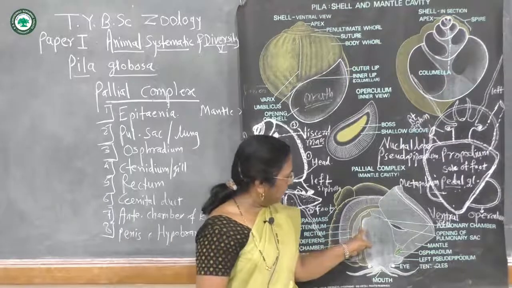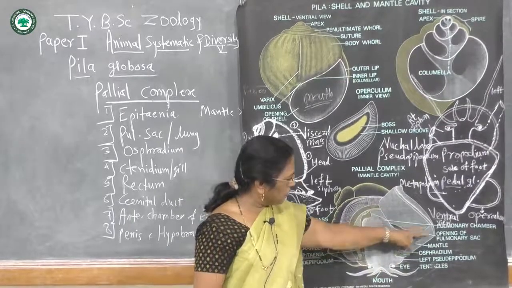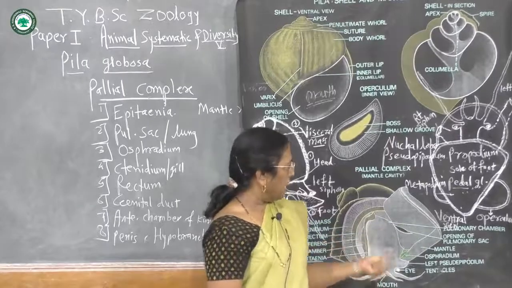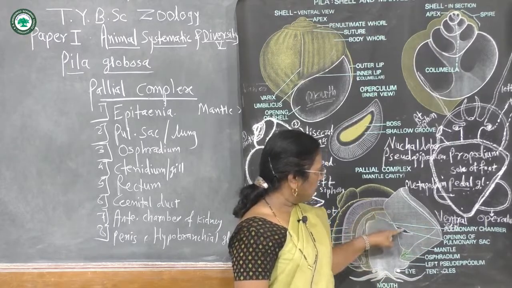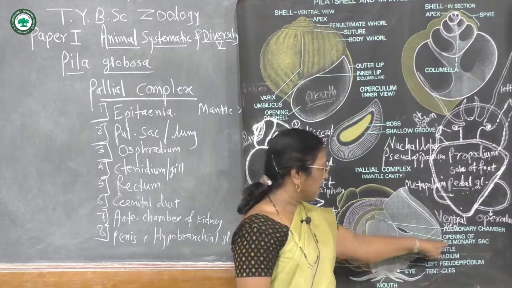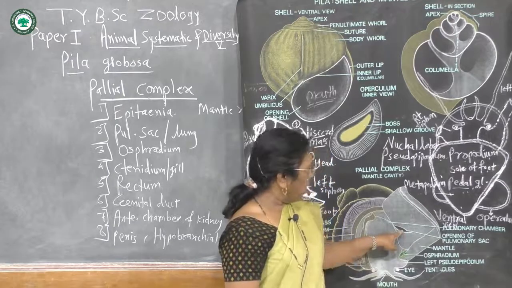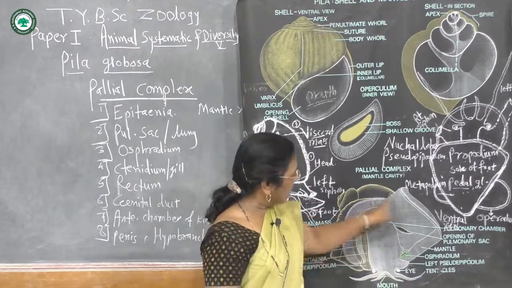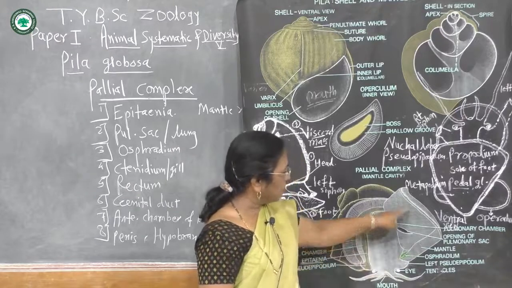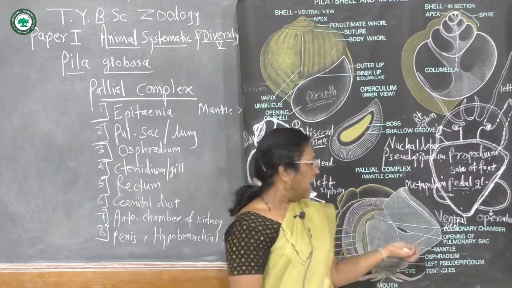And the left large pulmonary chamber, here the pulmonary sac is present, which opens into the mantle cavity through this aperture called the pneumostome, and this is the large chamber into which the pulmonary sac or lung is present.